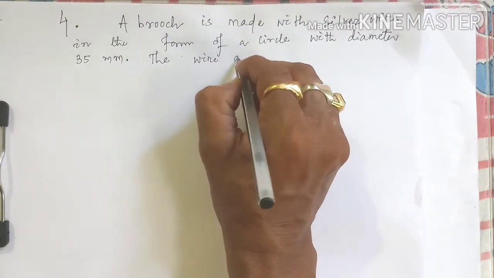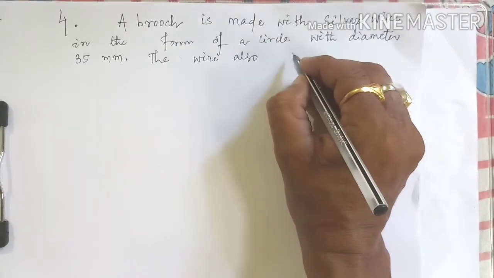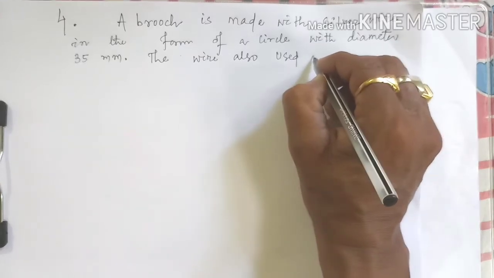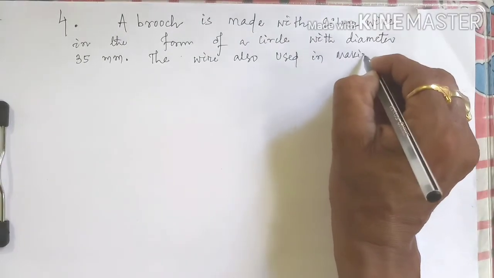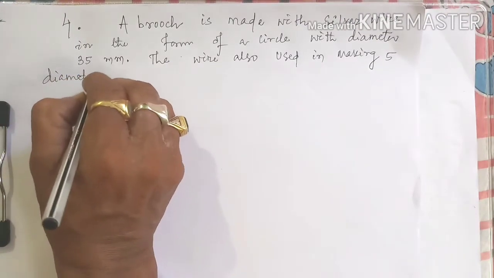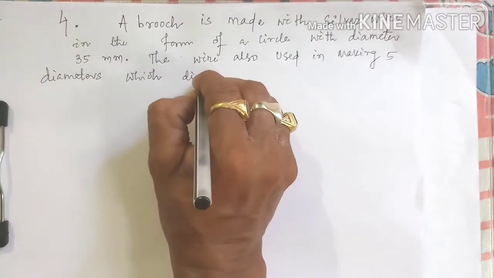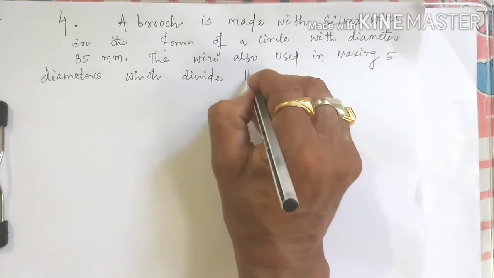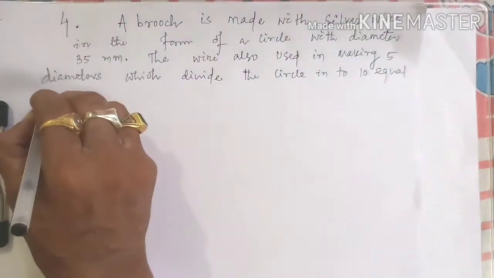The wire is also used in making pipe diameters which divide the circle into 10 equal sectors.